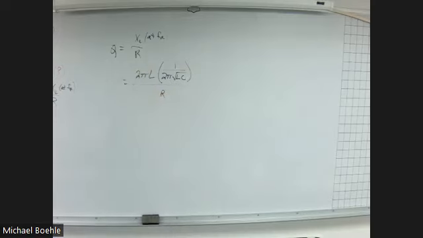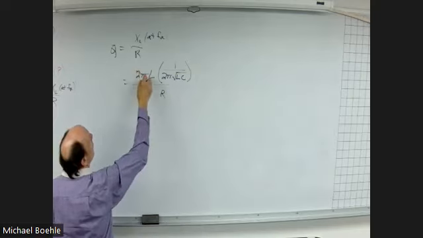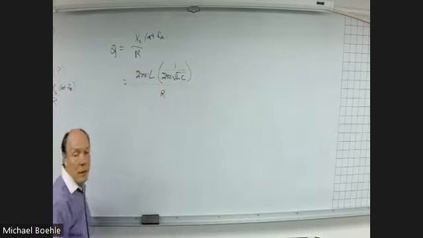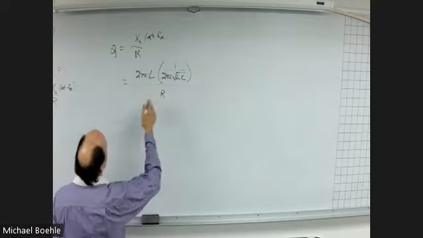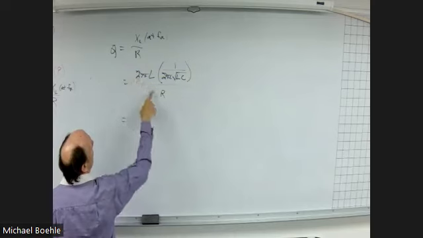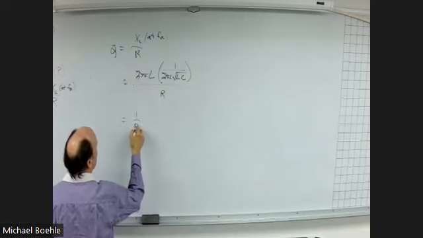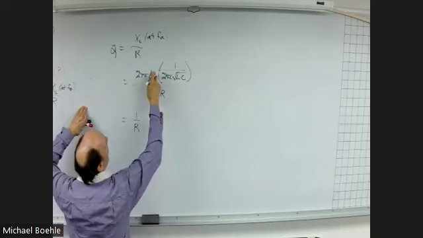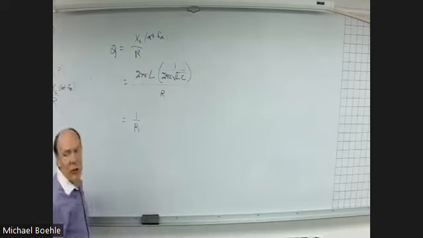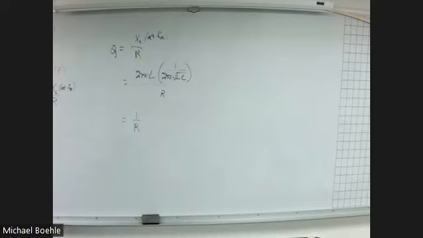Oh, look what happens here. 2 pi divided by 2 pi. So this leaves me with 1 over R times, and this is the tricky part, I have L divided by the square root of L. What is that?